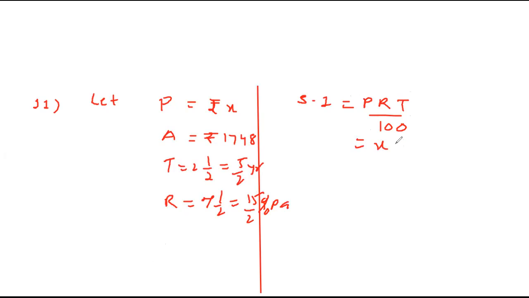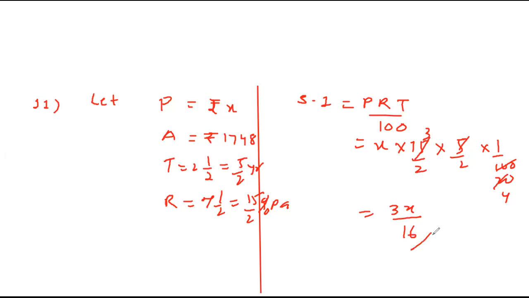P is X, R is 15/2, T is 5/2, into 1 upon 100. 5 3s are 15, 5 4s are 20. 3 into X is 3X. 4 4s are 16. So simple interest is 3X upon 16. Now amount is principal plus simple interest. Amount is 1748. Principal is X. Simple interest is 3X upon 16.